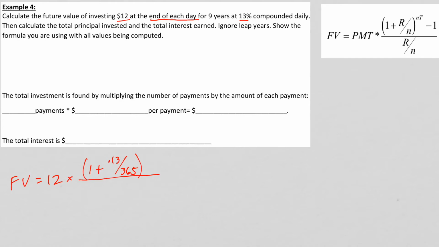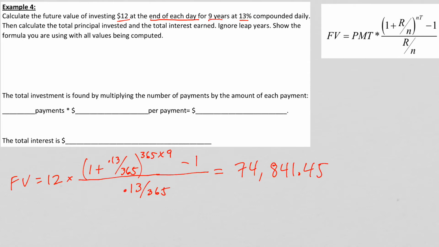And this is 365 times the number of years, 9 years, minus 1, all over 0.13 over 365. Let's see what this comes out to. This comes out to 74,841.45 after rounding off to the nearest penny.